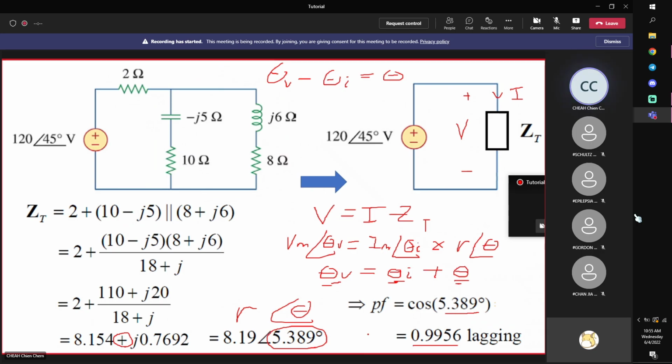Inductive is lagging power factor, so we know that it's lagging. Or you can get it from here: your voltage angle is the current angle plus this angle. So your current is lagging behind your voltage by this angle.